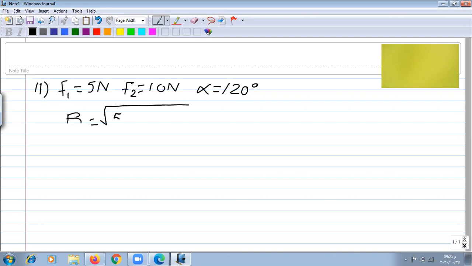F1 squared, 5 to the power 2, plus F2 squared, 10 to the power 2, plus 2 times 5 times 10 times cosine 120. The result, let's use our calculator to find the magnitude of this resultant.